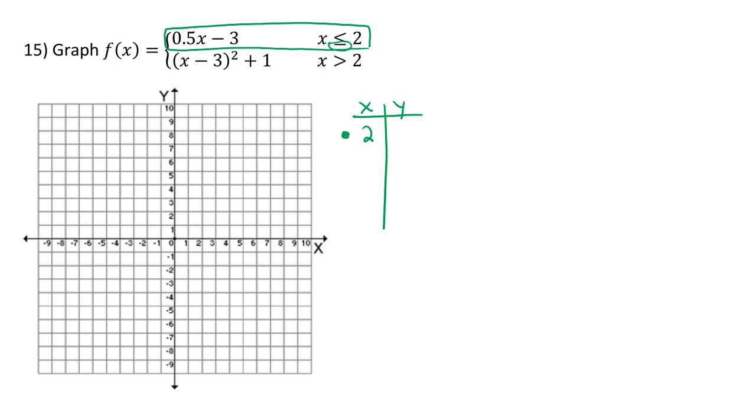And it says x is less than 2. So I care about the numbers smaller than 2, like 1, 0, and negative 1. To get the y values, I'm simply going to plug these into the x. So y equals 0.5 times x minus 3. And I simply type that information into a calculator to get my values.